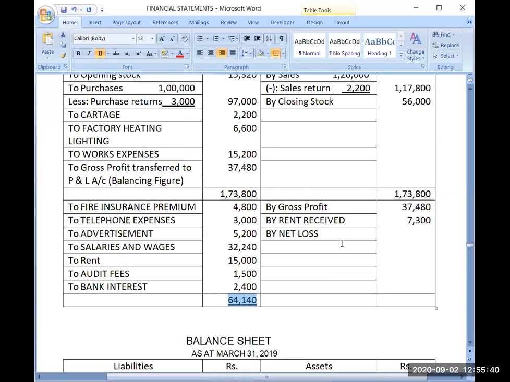Now we will write same total here on the opposite side, and out of this total I will subtract it. So your net loss will be 19,360.